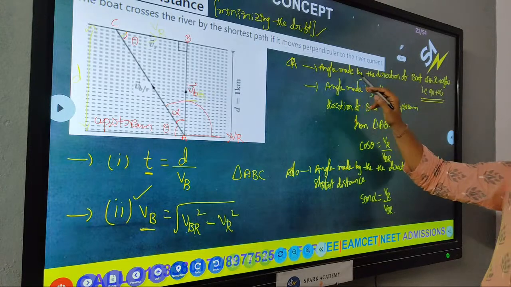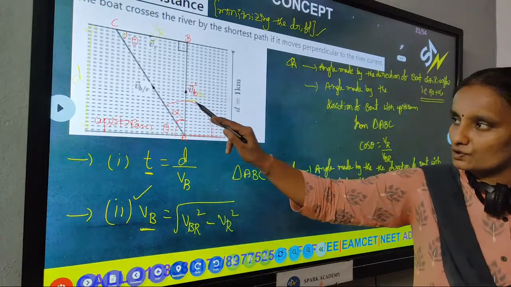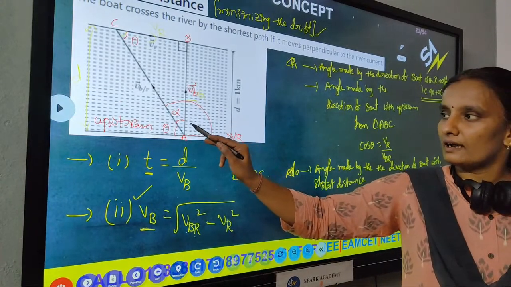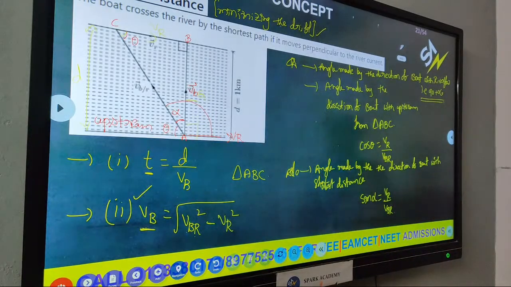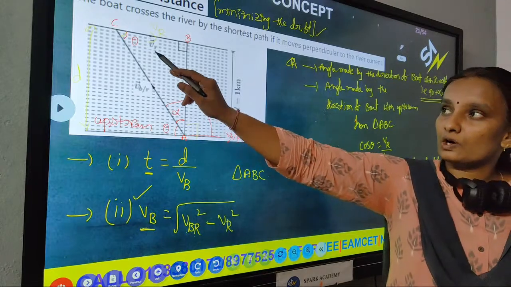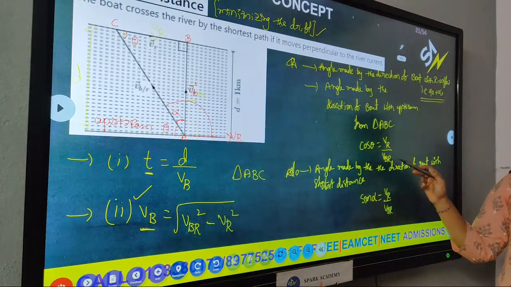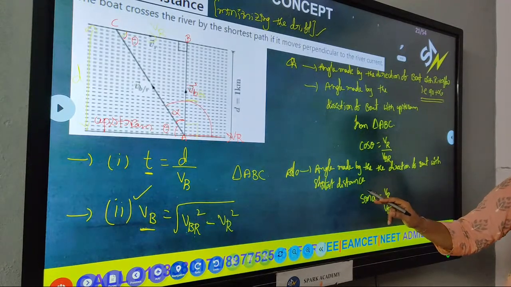So if they are asking the angle made by the direction of boat with river flow, this total angle we have to consider. Here the angle is 90 plus alpha. With upstream you can consider cos theta, VR by VBR. It is also the angle made by the direction of boat with shortest distance.